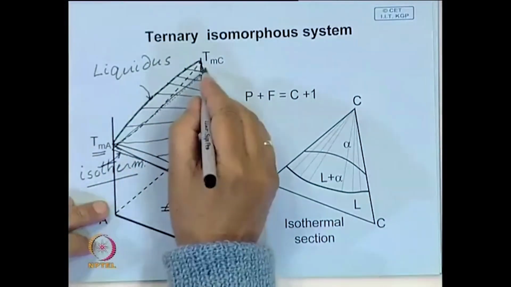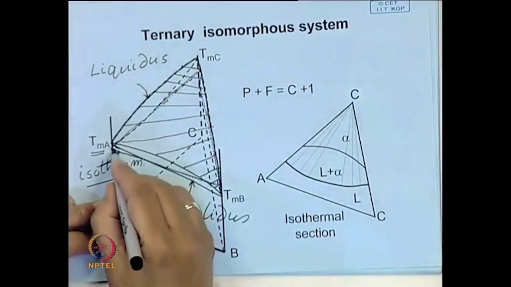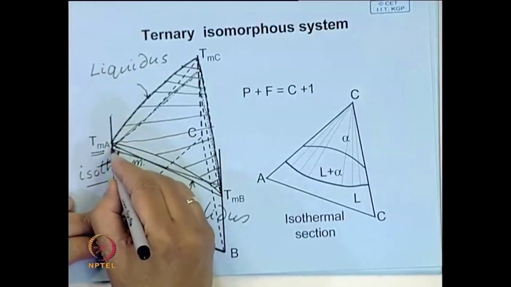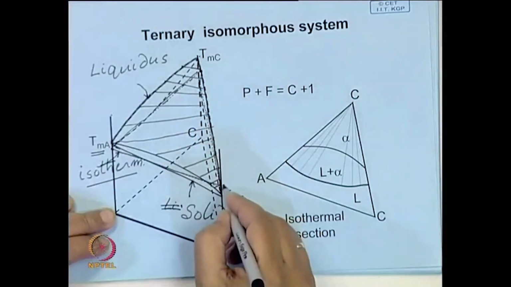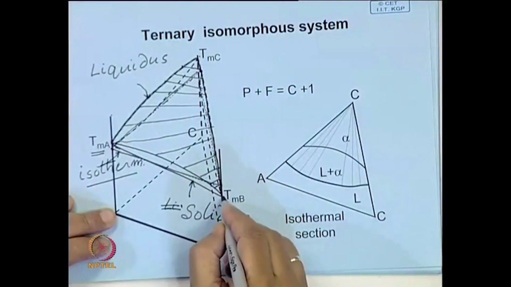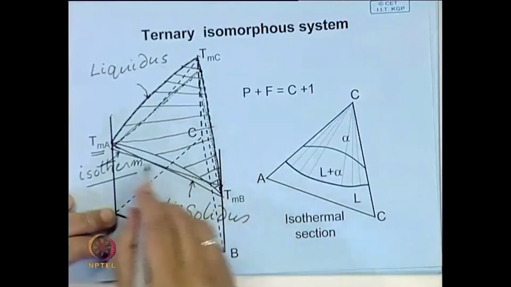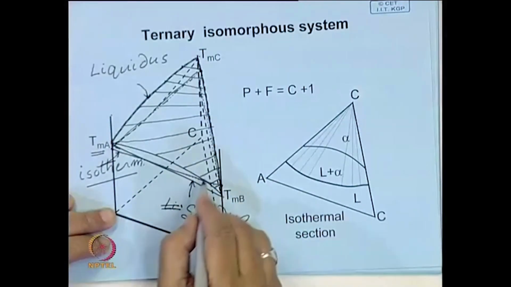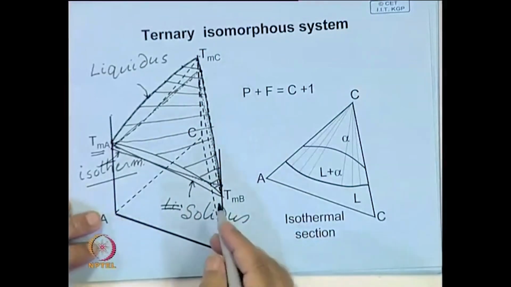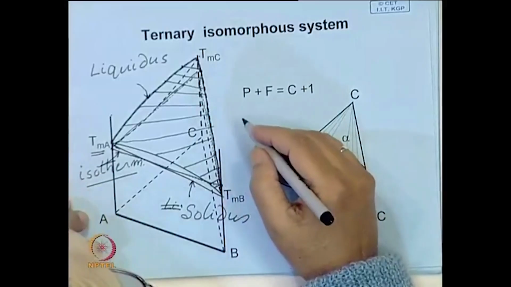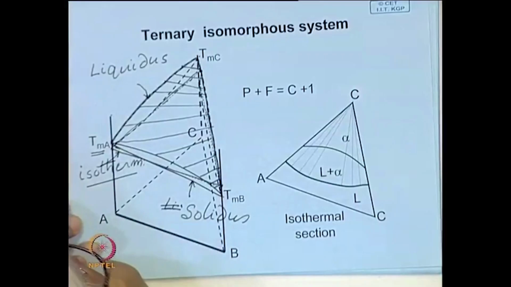This dotted line represents a plane which intersects the temperature axis below the melting point of A, below the melting point of C, but meets the other axis above the melting point of B. In that case, clearly you can see where it intersects these two surfaces, which is shown over here.